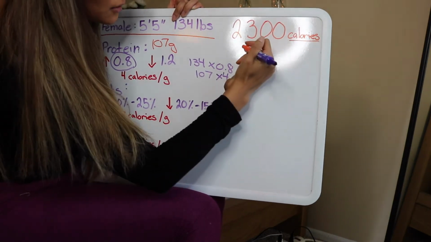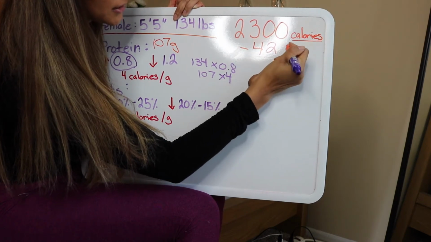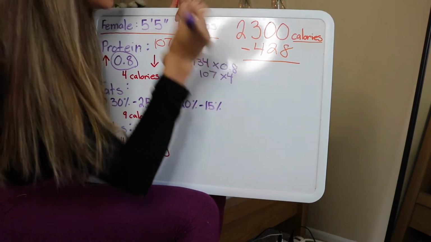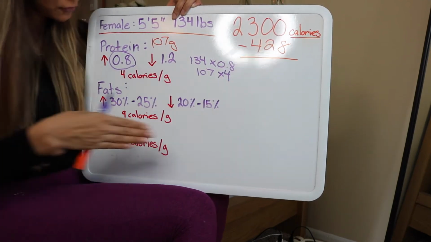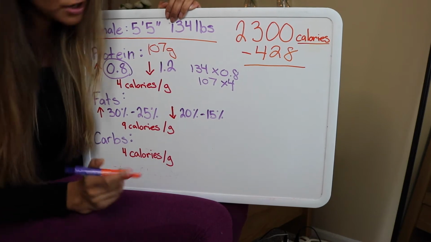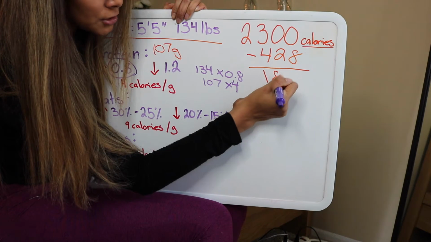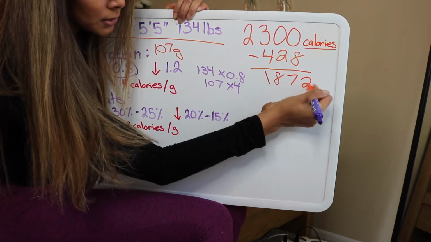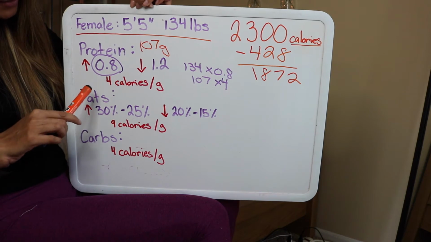Okay, so now I'm going to subtract 428 calories, and this will tell me how many calories I have left for my fats and carbs. So 2,300 minus 428 is 1,872 calories.